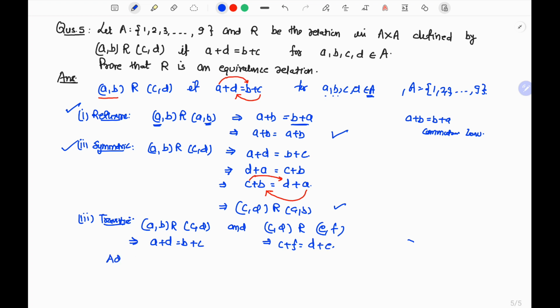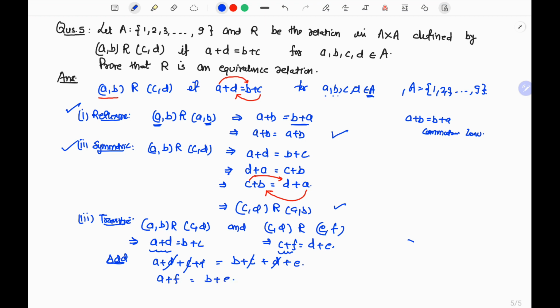Now we add these two expressions, left hand side with left hand side. We will have a plus d plus c plus f equal to b plus c plus d plus e. Here we see that d is common, so it is cancelled, and here c also gets cancelled. Therefore, the remaining is a plus f equal to b plus e.